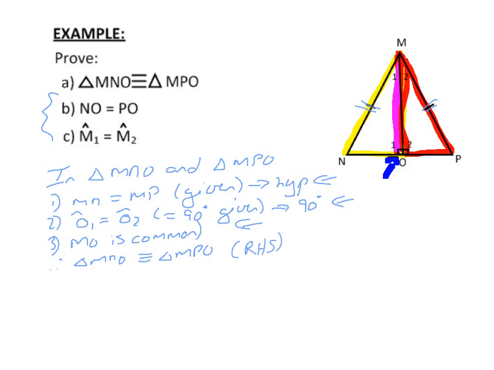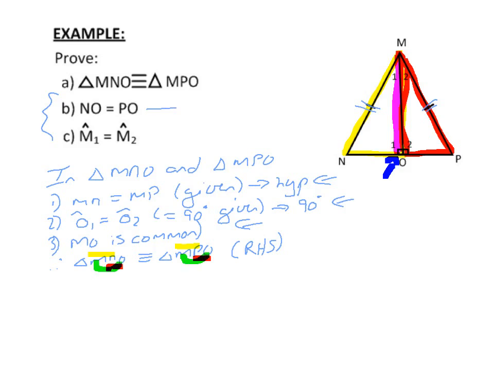So if we've proven those triangles are congruent, what does it mean? Well, it means that MN will be equal to MP, because in my congruency statement here, MN is equal to MP, and I've also shown NO will be equal to PO, and lastly we showed that MO is equal to MO. Well, let's look at this.